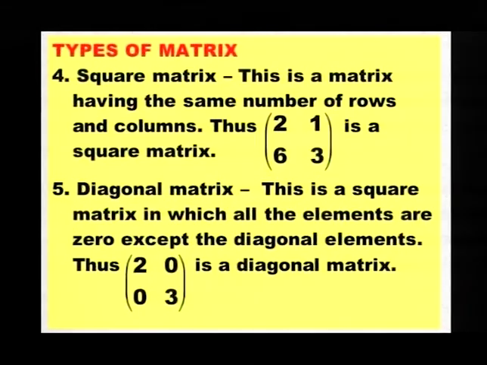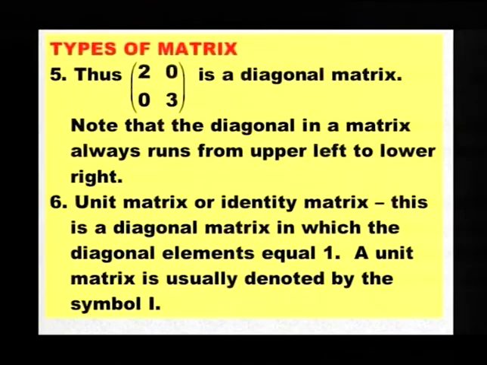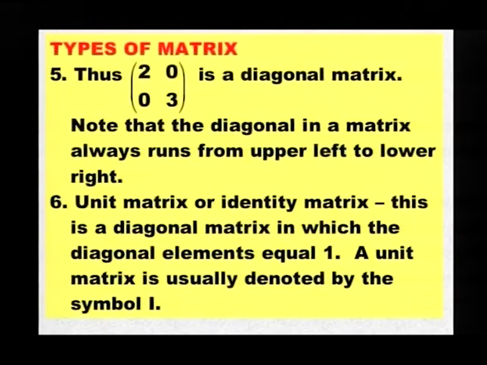This is a square matrix in which all the elements are 0 except the diagonal elements. So you've got 2, 0, 0, 3. This is an example of a diagonal matrix. Note that the diagonal in a matrix always runs from upper left to lower right.